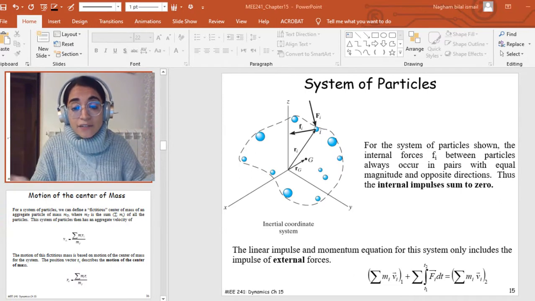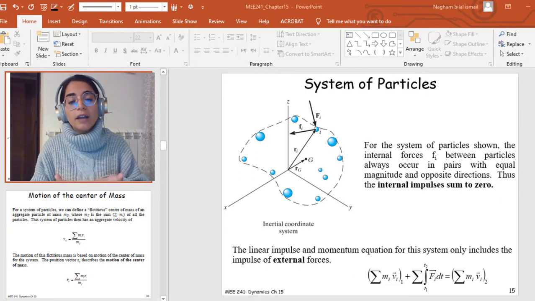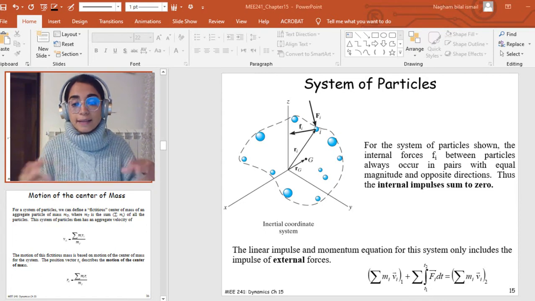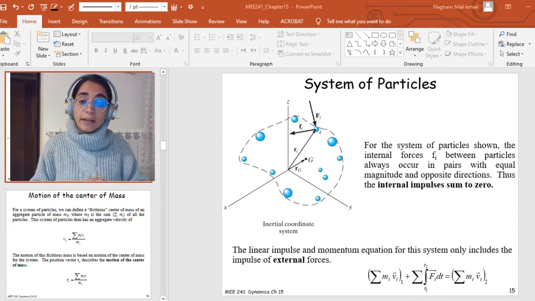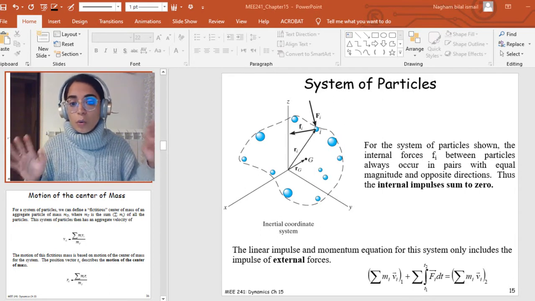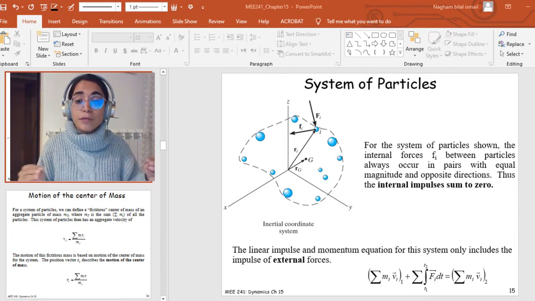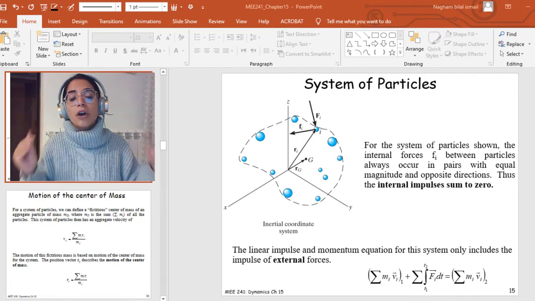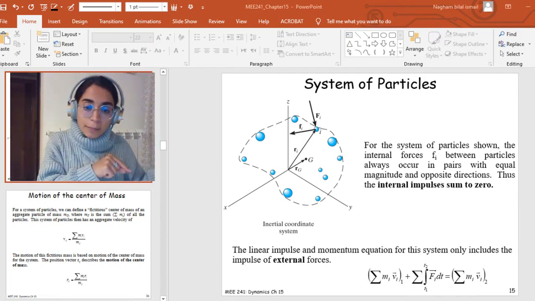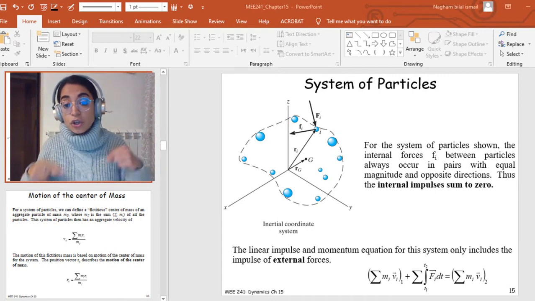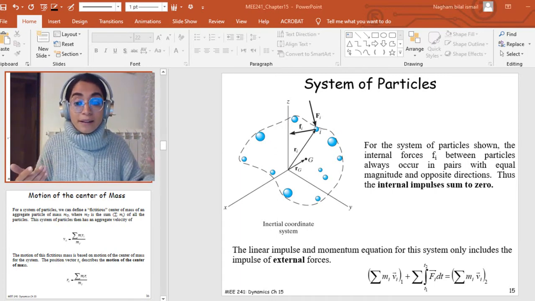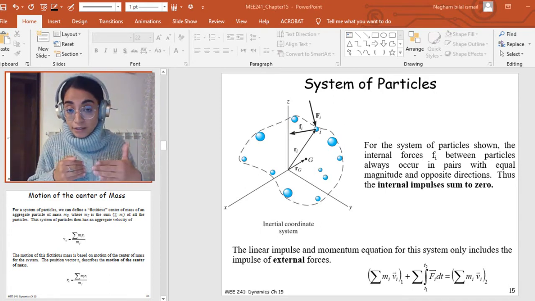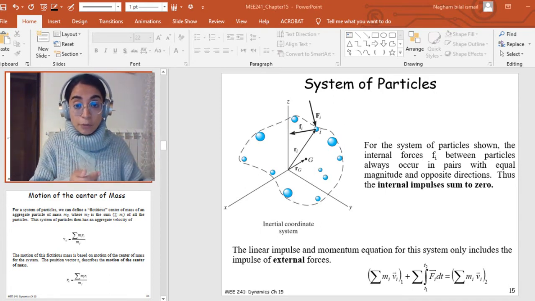Now, what if I have a system of particles? How can I apply the relation of linear impulse and momentum? Of course, I can apply it. And I can also apply it only for the external forces. Why? Because in fact, if I have a system of particles, the internal forces between these particles will always occur in pairs with equal magnitude and opposite directions, which means the internal impulses will sum to 0 because these forces will be opposite, and then I have the same dt, the same interval of time.